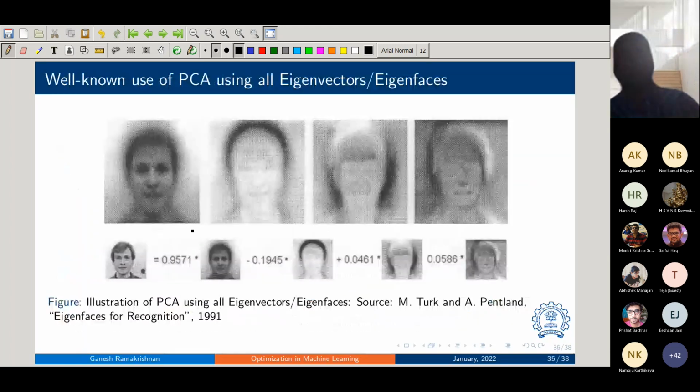Imagine that you have lots of faces, and I'm trying to now identify these principal components. These will look like the principal component faces, such that if I take suitable scalar coefficients and combinations of these faces, I can recover back any face. One face is basically showing the outline.